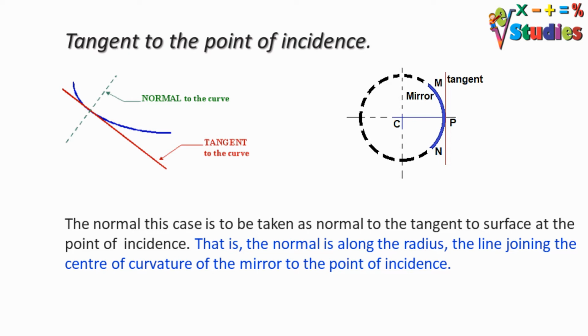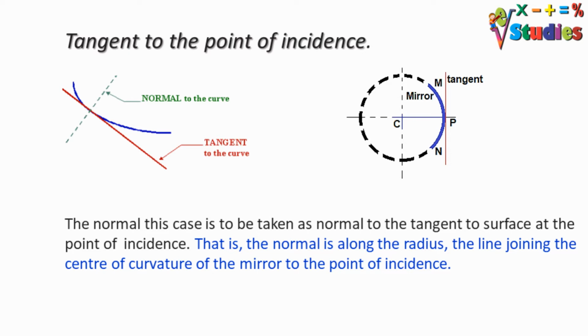We can imagine that the spherical mirror is a part of a big sphere, and the center of that sphere can be considered as C. From that point to P, the pole of the mirror, is a radius, and hence the normal is taken as the line along the radius of that sphere at the point of incidence.